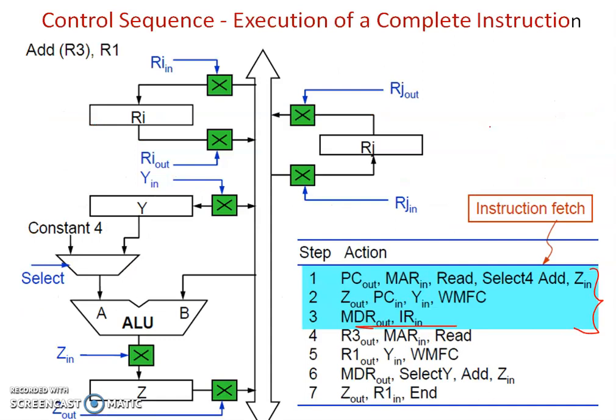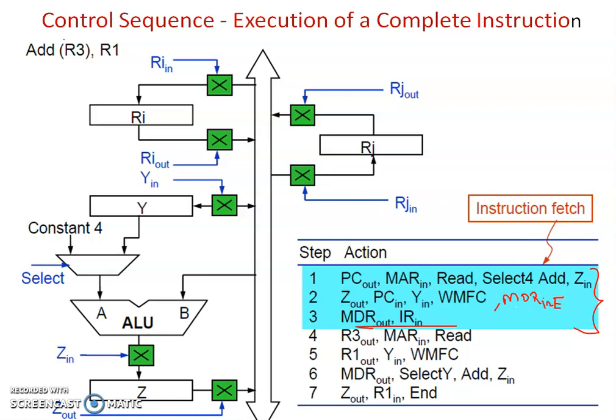That MDR INI means it will be taking the data from the memory bus. So that you can mention over here, MDR INI. Okay. So the rest of the instruction is same.